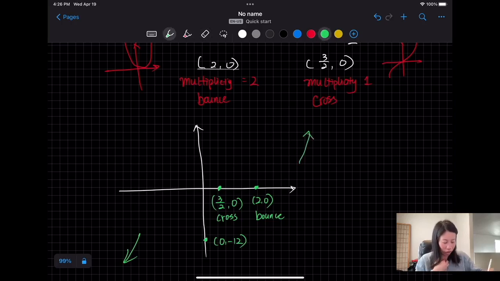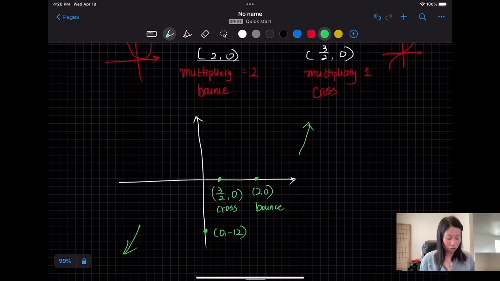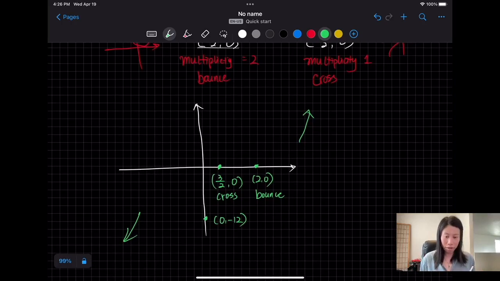All right, now let's connect all of these dots together. The function starts at the third quadrant. Let me draw it a little bit lower. It keeps going up, you hit the y-intercept, and when it comes to the first x-intercept, you go up.